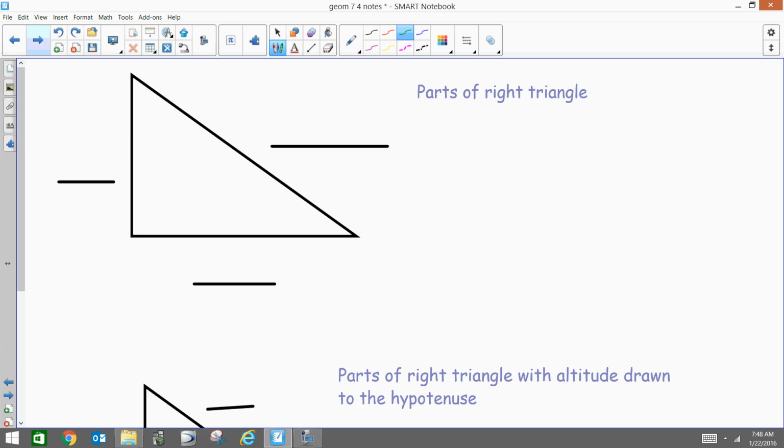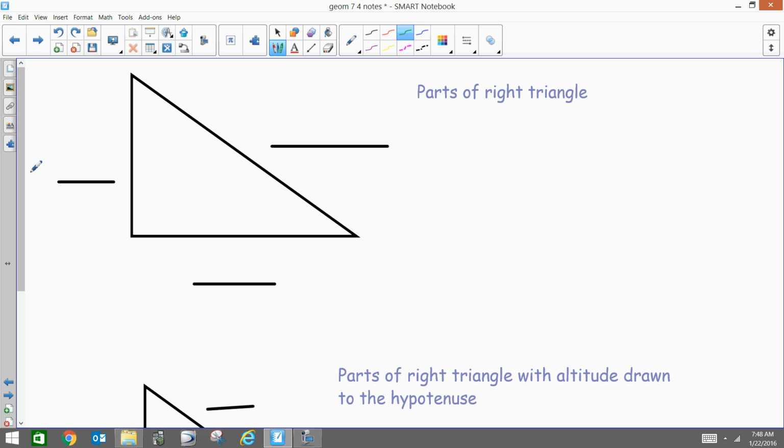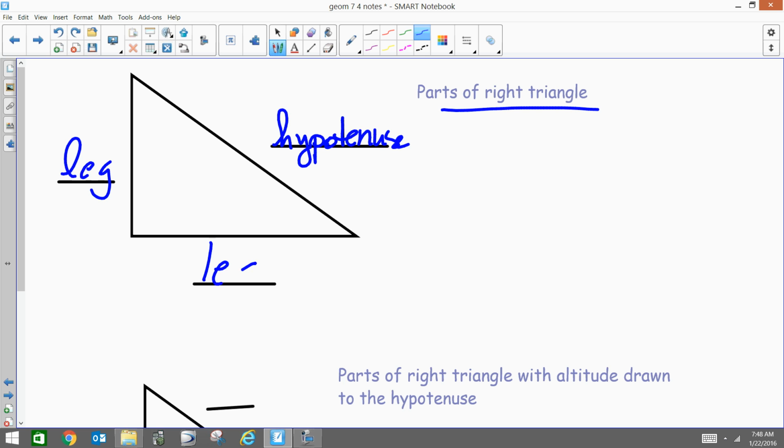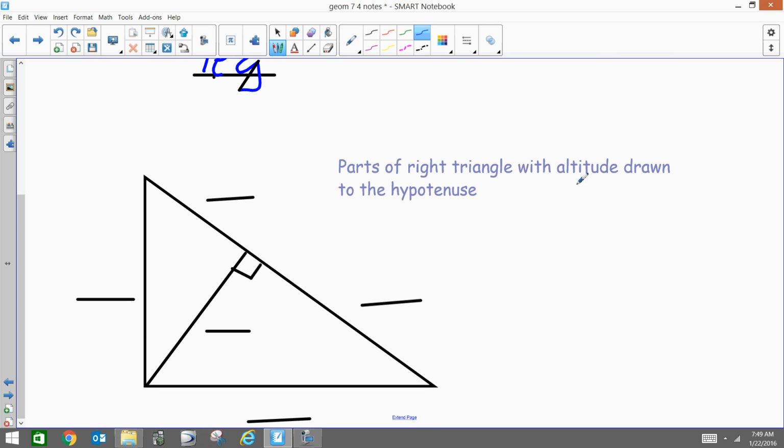Then the corollaries all have everything to do with this same look. Okay? First of all, this is the hypotenuse. And if you remember, the other two sides are called the legs. All right, so now we're going to draw an altitude to the hypotenuse like we talked about at the beginning.